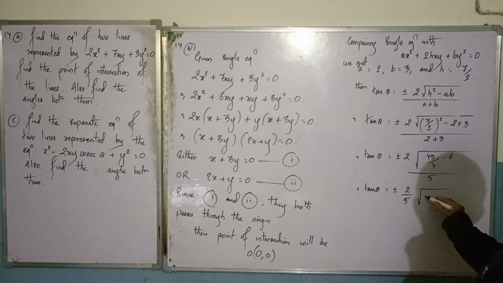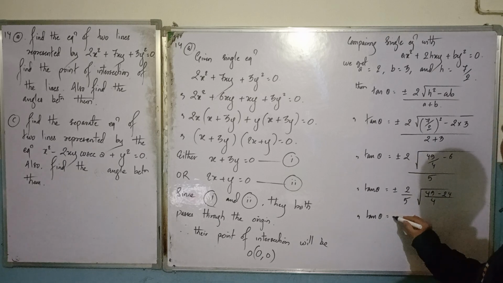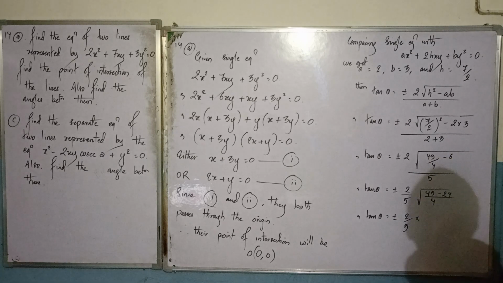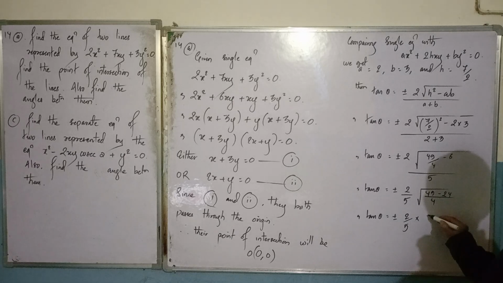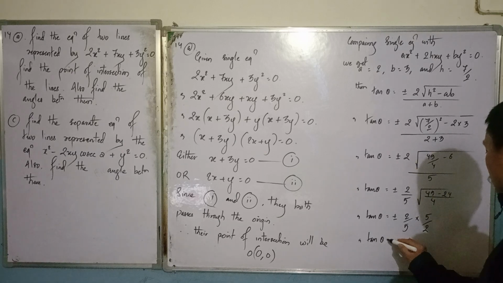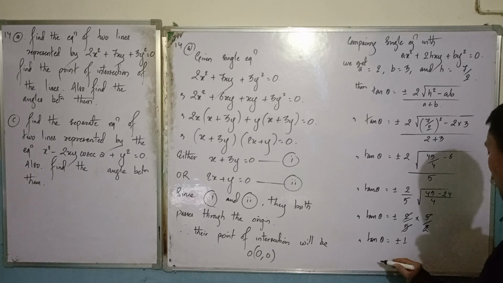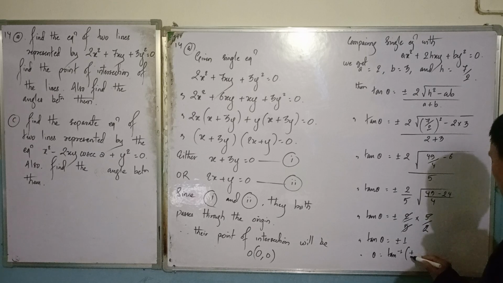Inside that, 49 minus 24, 4 6s are 24, so tan theta is equal to plus minus 2 by 5 multiplied by 49 minus 24, that will be 25. From 25, 5 will come out, and from 4, 2 will come out, which is tan theta equal to, 5 5 cancel, 2 2 cancel, the remaining inside will be 1. Theta is equal to tan inverse of plus minus 1.